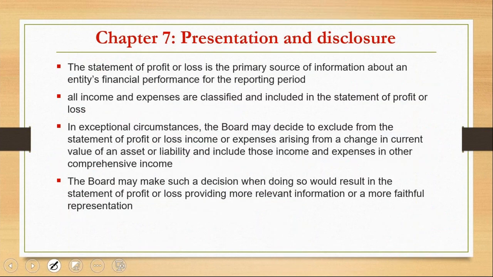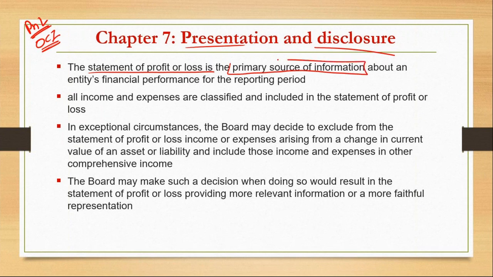And the next thing is that it's still about presentation and disclosures, but now we are talking about P&L and OCI. The previous standard was not talking about what items should be taken to P&L and what should be taken to OCI. So the new framework says that the statement of profit and loss is the primary source of information about the entity's financial performance.